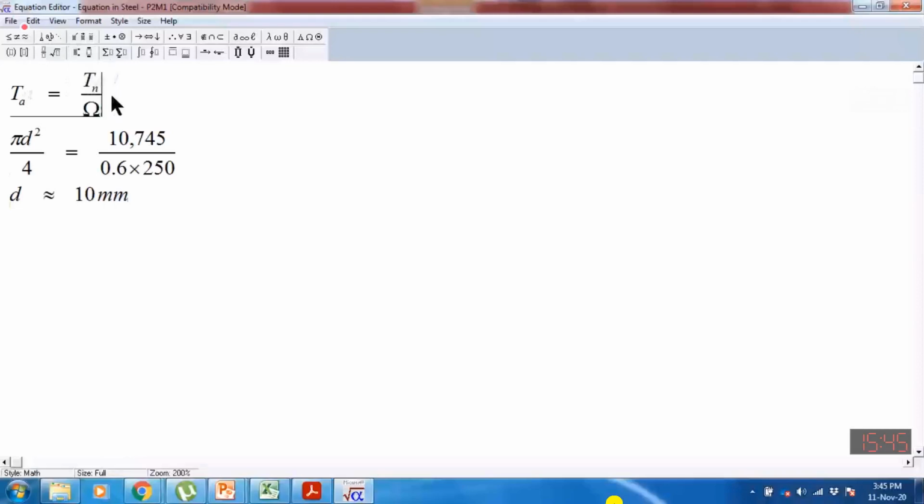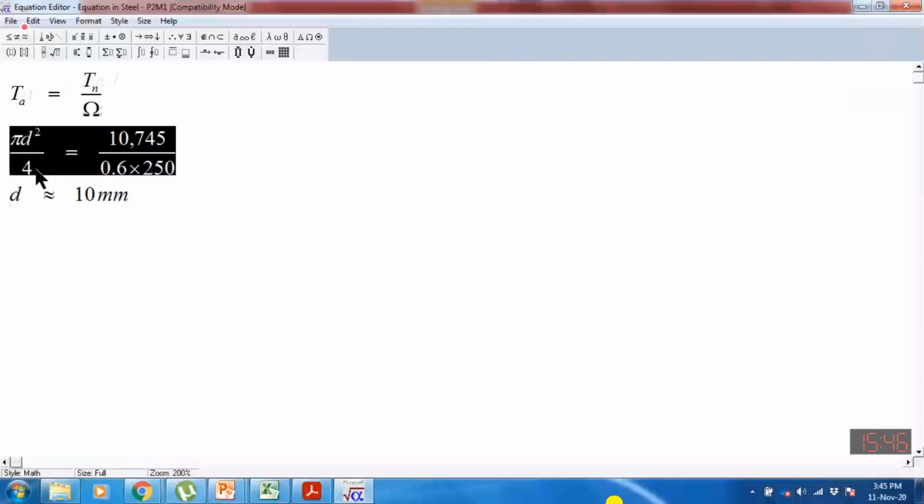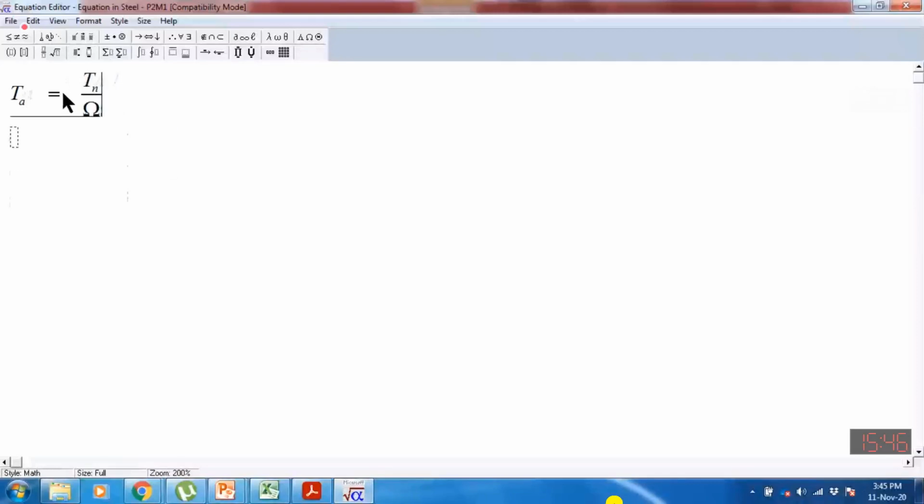So here we can further simplify this equation. So tensile capacity is equal to, we assume that the sag rod will fail in yielding because it is a tension member. So we will have the gross area of the sag rod multiplied by Fy.